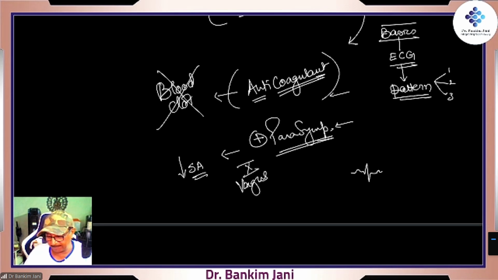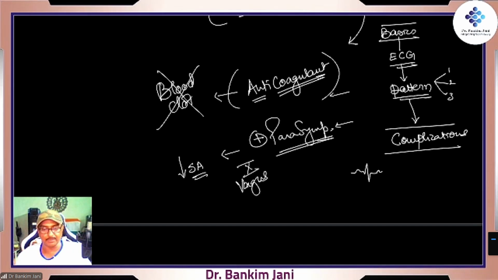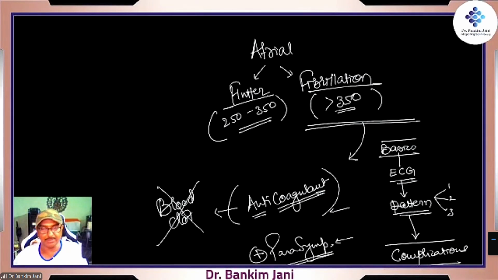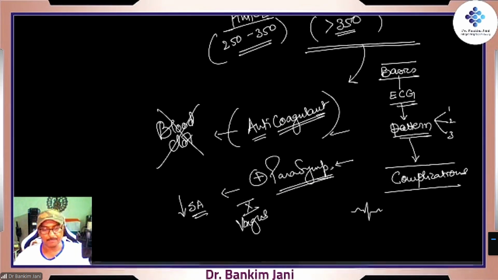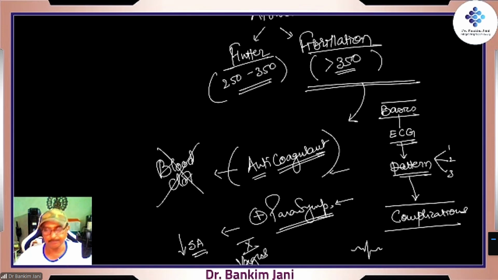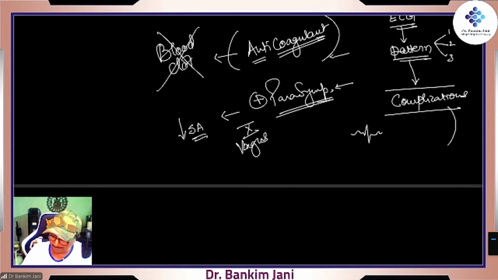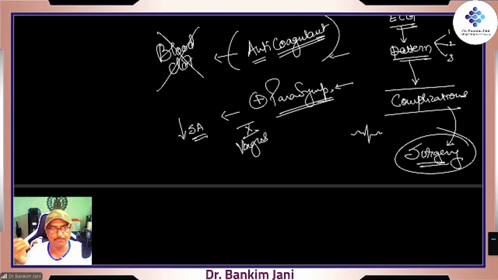So this will be the pattern, and then we'll see what can be the complications. So this is how we'll go in. Because we are learning atrial fibrillation first, a complex thing first. Learning flutter will be so easy. And then, as time permits, a few minutes will be for the surgical correction, and that is super interesting.